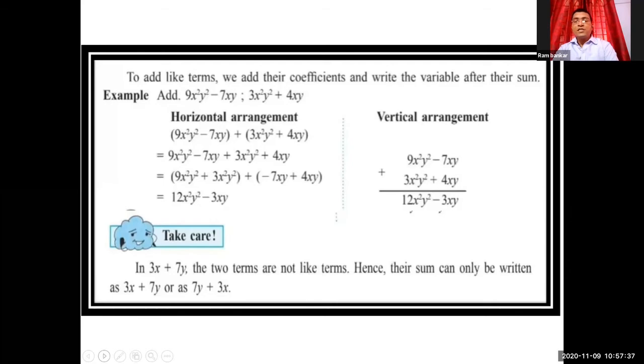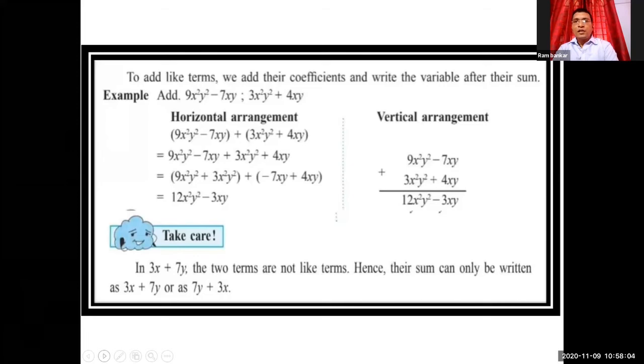What did we do in the first step? In the first step, we remove the bracket and put like terms together. What like terms? x square y square. In the second expression, 3x square y square. Look at the second step.